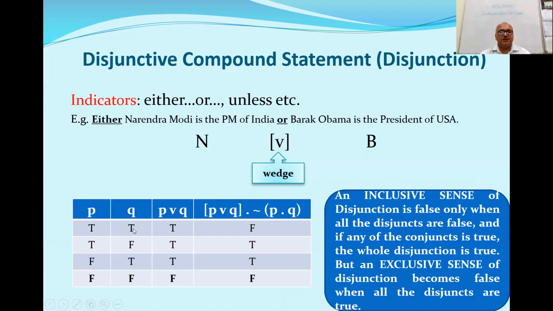P, Q being true, P wedge Q will be true. P being true, Q being false, P wedge Q will be true. P being false, Q being true, P wedge Q will be true. So P wedge Q will become false only when all the disjuncts, P and Q, are false. In other cases, it is true.